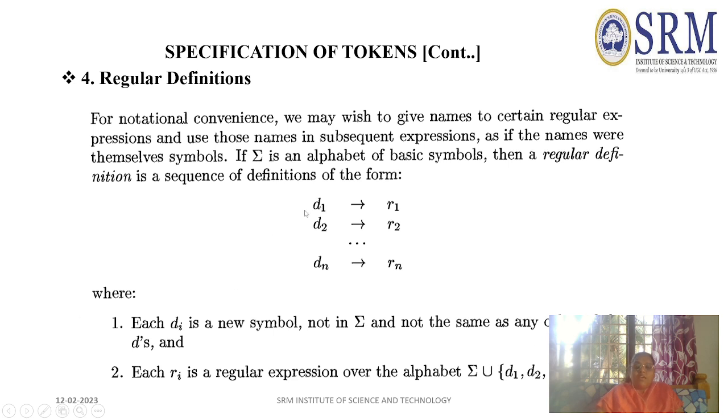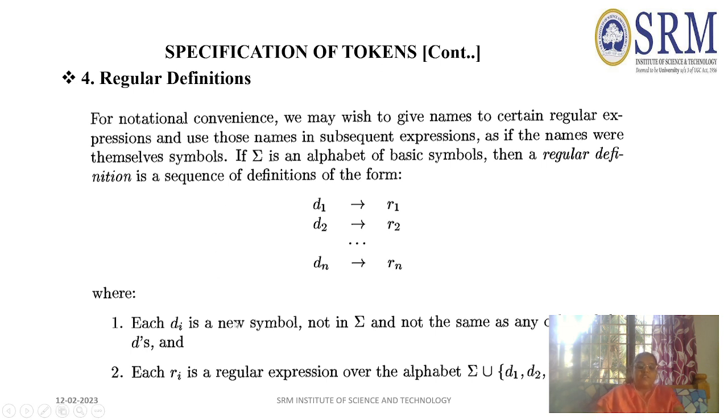Once I have defined D1, if I go with another definition, I have to give it the name D2. I have to have a different name for it. Similarly for definition 3, I have to have a different name. Every time you go with new definitions, it must have a different name which should not duplicate the earlier definitions.